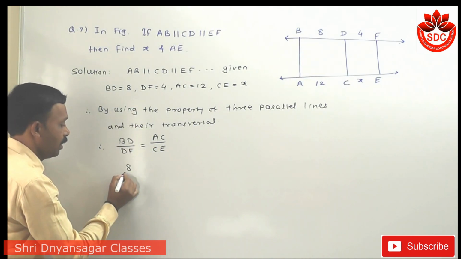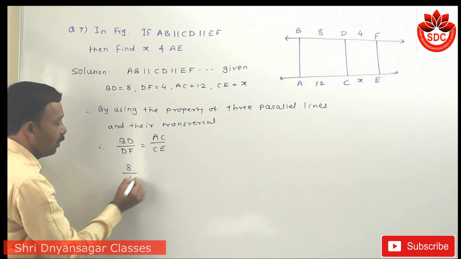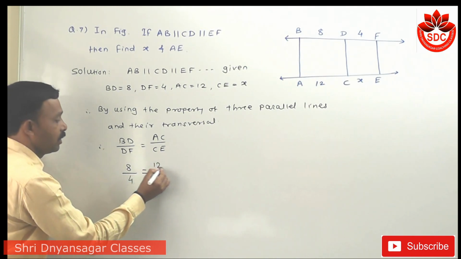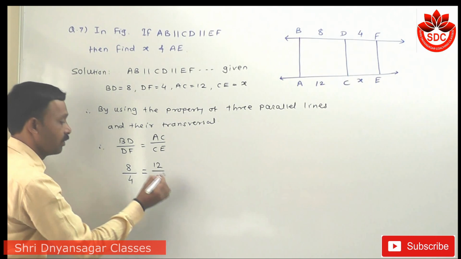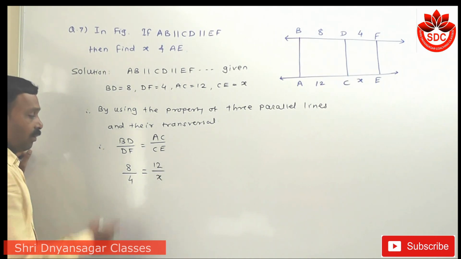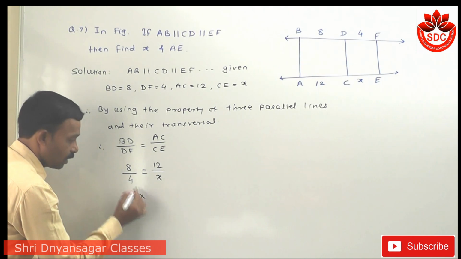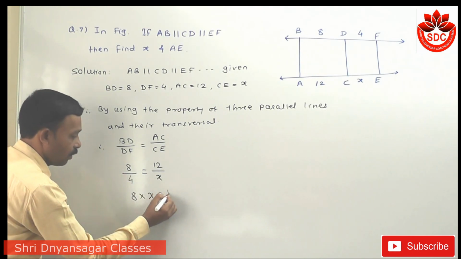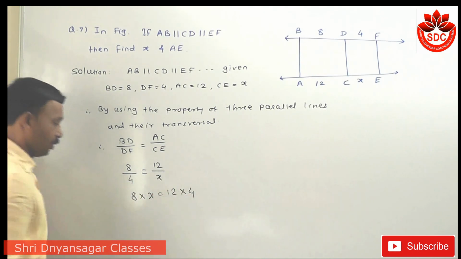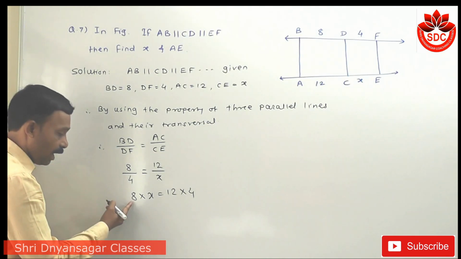BD is 8, DF is 4, AC is equal to 12 and CE is equal to X. When we observe this ratio and take cross multiplication, 8 into X is equal to 12 into 4. Students, this 8 is in multiplication form.